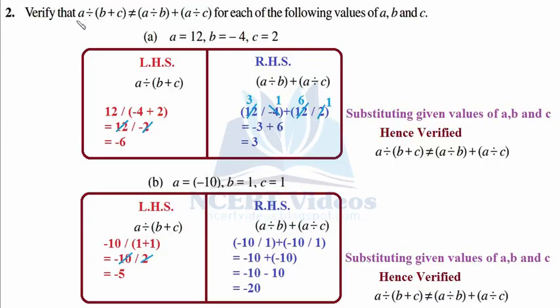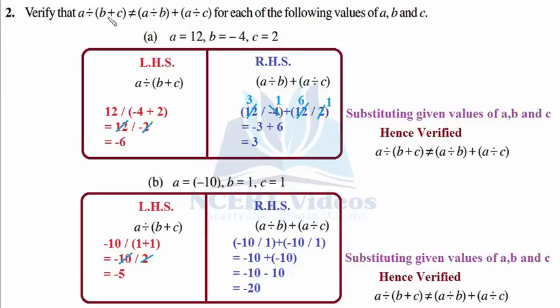Second, verify that A divided by the bracket B plus C is not equal to A divided by B plus A divided by C. Basically it wants to state that division is not associative.